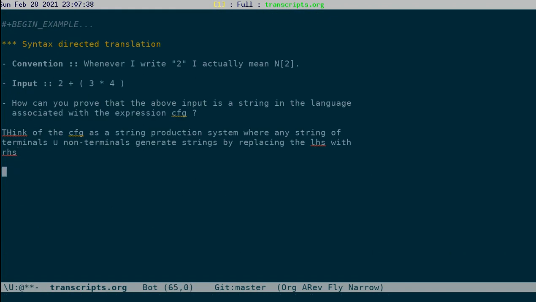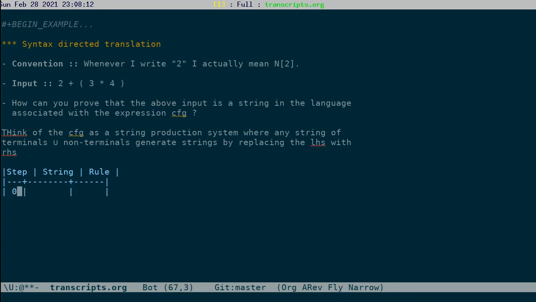So let's illustrate that. Okay, so I do it step by step: the string that we currently have and the rule that I use. So here let's look at the steps.